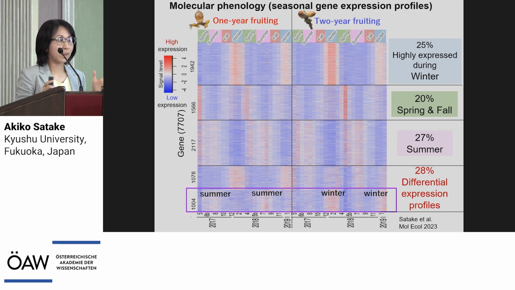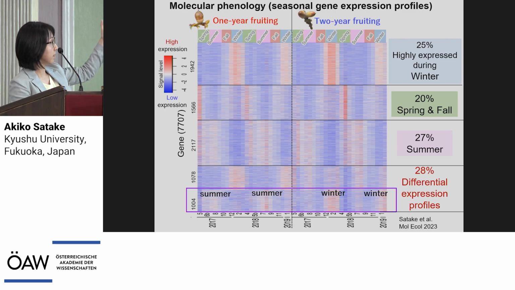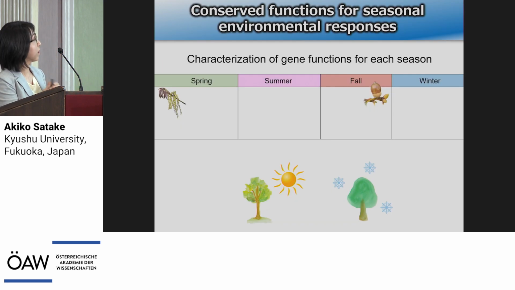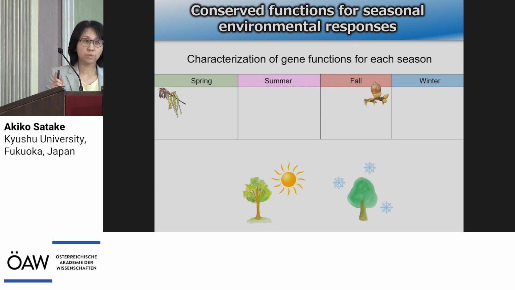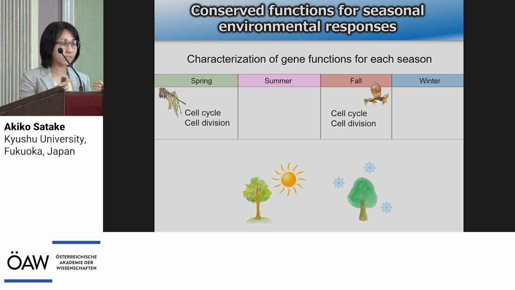So what kind of function do the genes included in each cluster have? So we characterized the function of genes for each cluster and found that in spring and fall, when flowering and fruiting happen, genes associated with cell cycle and cell division are included.